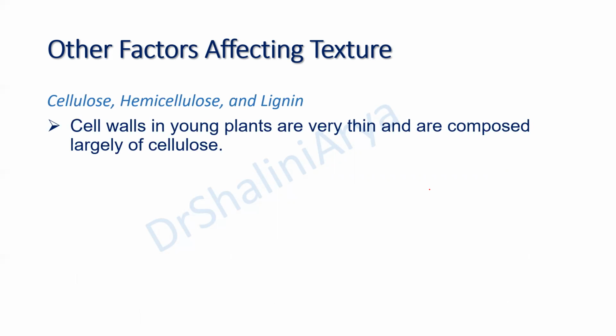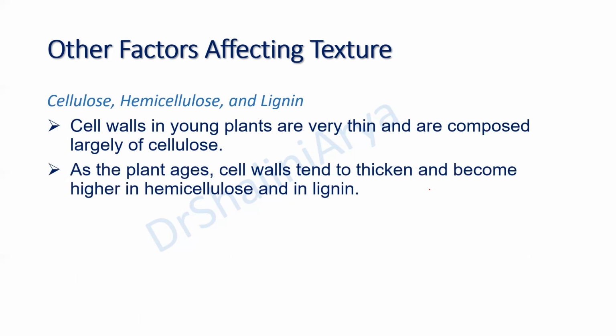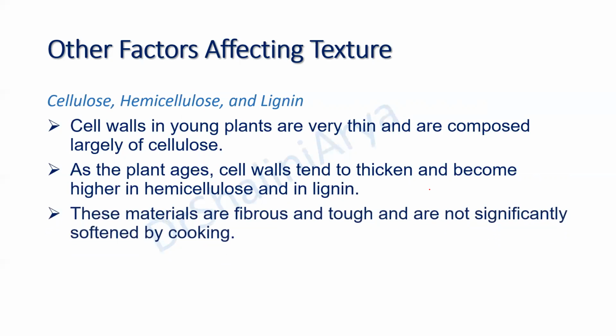Cell walls in young plants are very thin and composed largely of cellulose. As the plant ages, as I gave you an example of lady's finger or ridge gourd or bottle gourd, when the fruits or vegetables age, the cell wall tends to thicken and becomes higher in hemicellulose and lignin.